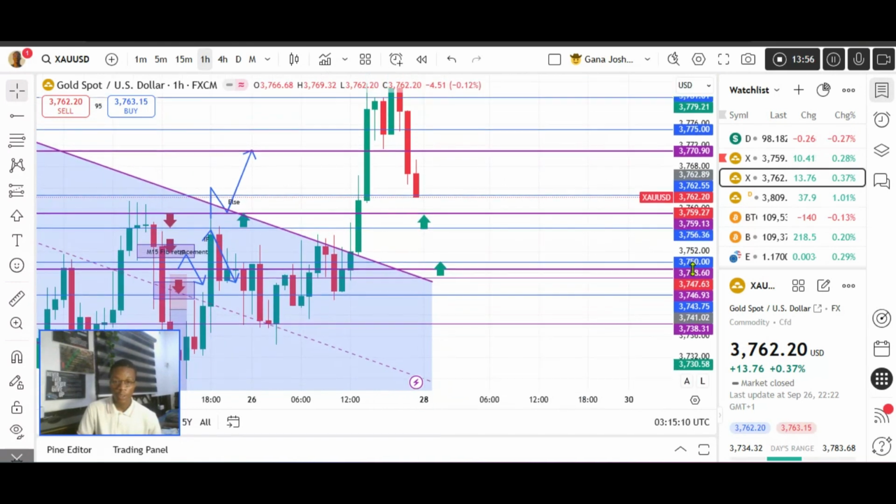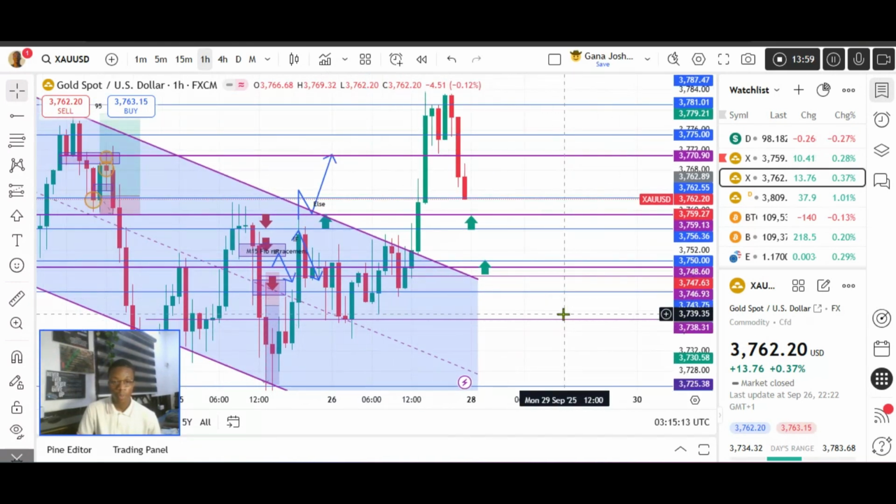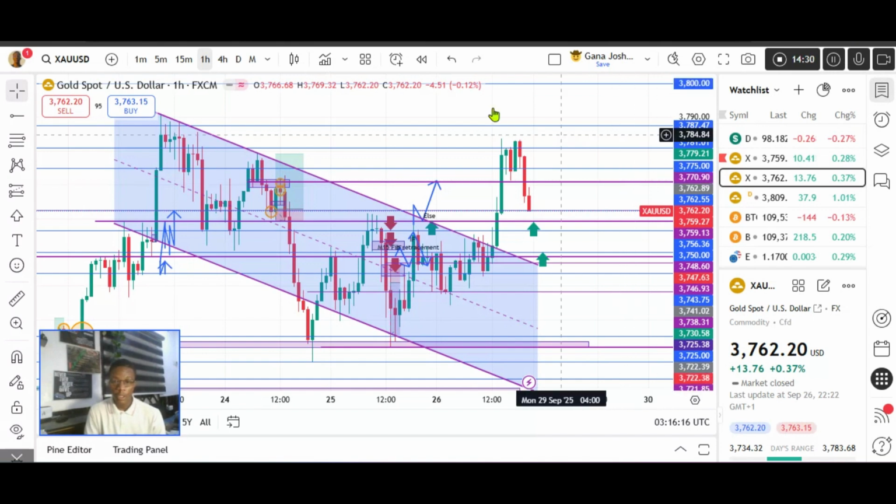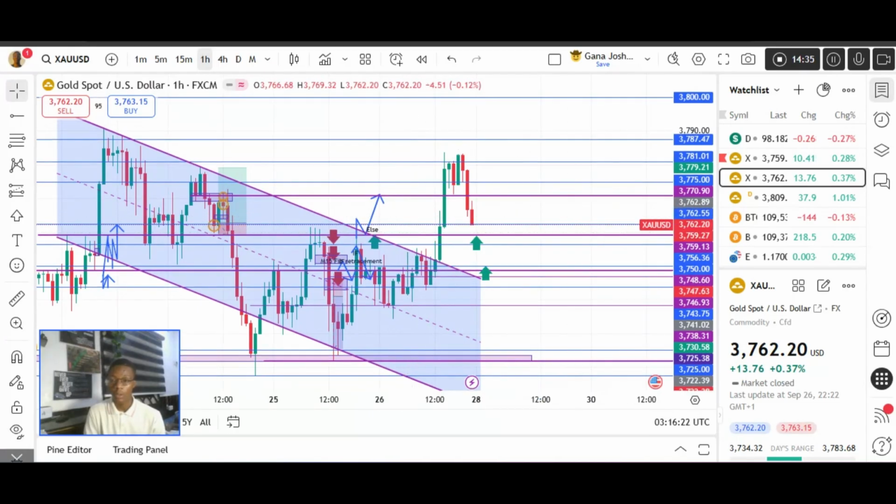We'll be looking to buy this zone, this zone. If it breaks, then we'll be looking for a retest of it, right? So another thing I'll do before the week starts is look out for fundamental info, right?